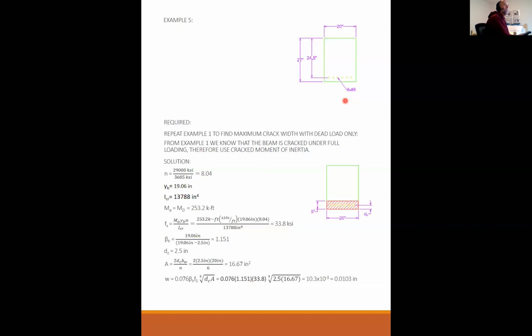So 3 number 11s or 6 number 8s have almost exactly the same area of steel. So for the same area of steel in the same beam, they all fit within the 20 inches. The 6 number 8s will do a much better job than the 3 number 11s in crack width because of this factor right there.